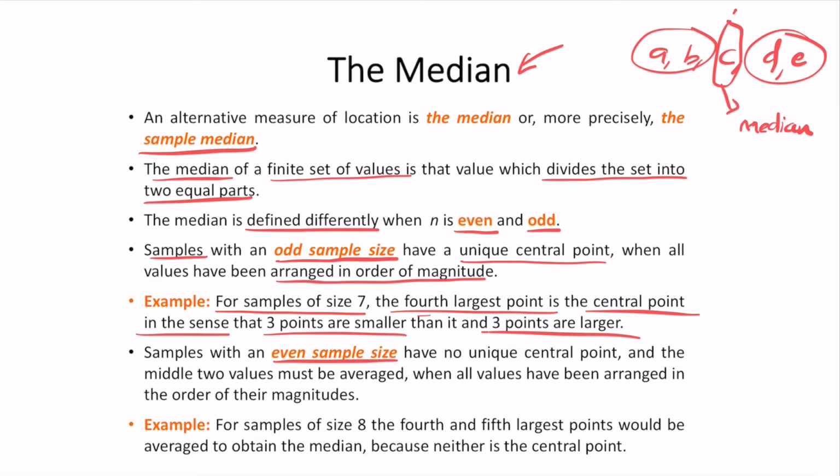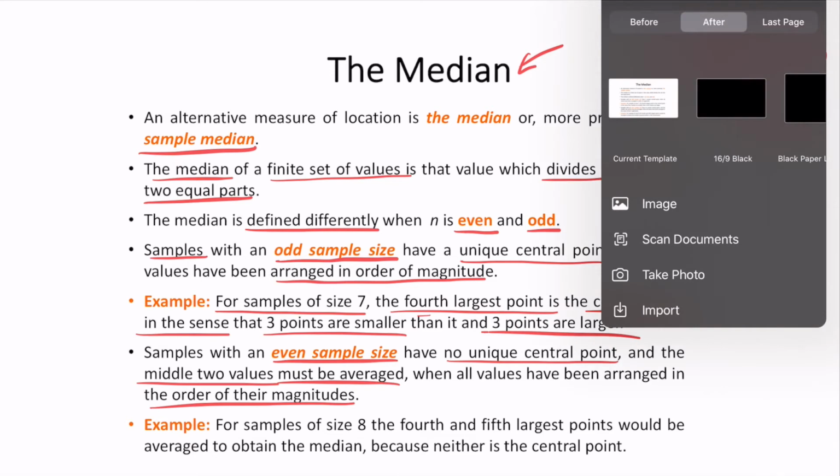If you have an even sample size, you will not get a unique central point. So the middle 2 values must be averaged, when all the values have been arranged in the order of magnitude. Let's take a simple example. Let's say I have a set of values 1, 2, 3, 4, 5, and 6, and another set which is 1, 2, 3, 4, and 5.